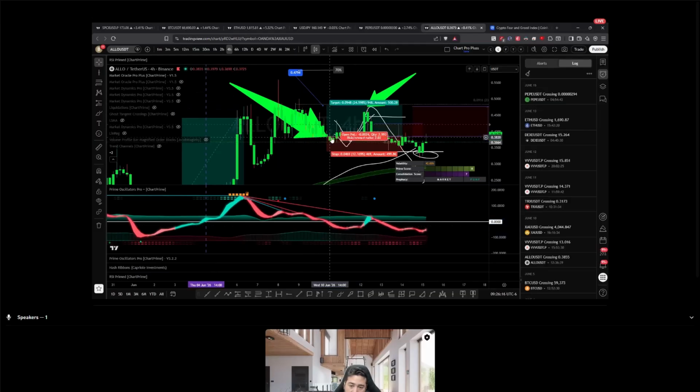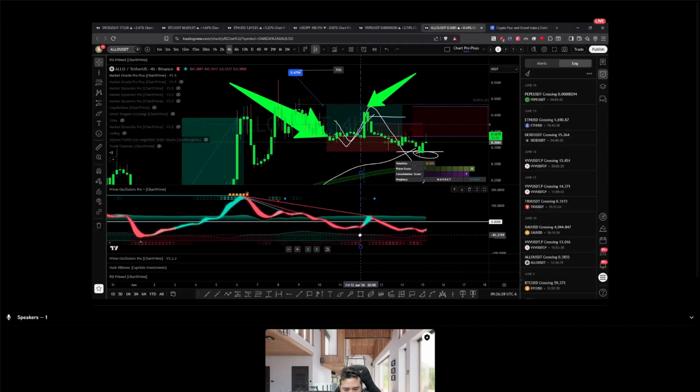So what would have been a better entry? And if you are here as a beginner or you're just getting started with the indicators, what would have been a better entry for this trade? It would have been right after the flip of the ribbon, turning green. There it is, and then breaking through. So basically, your next entry would have been almost at the top, right there, because of the way that it moved. And you're taking profit.